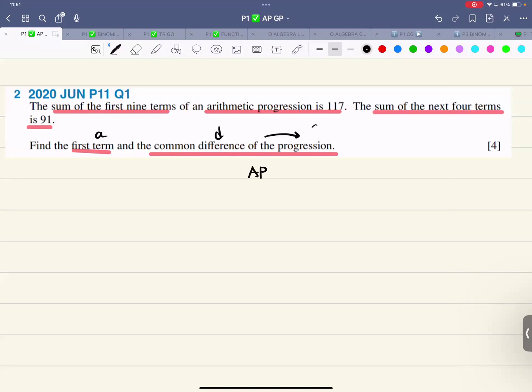That means it's a simultaneous equation question. Now, S9 is 117. S next 4, the next 4 after 9, that is basically the 10th, 11th, 12th, and 13th. The sum of these 4 terms is 91.